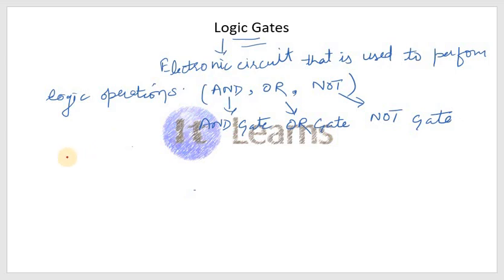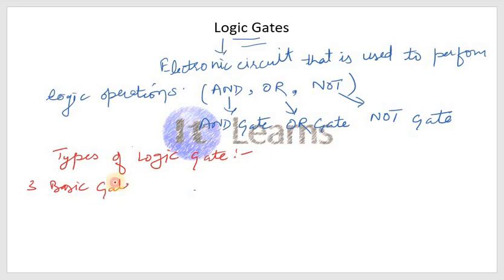Now let's get this explained in brief. Types of logic gates. There are three basic gates and four derived gates.